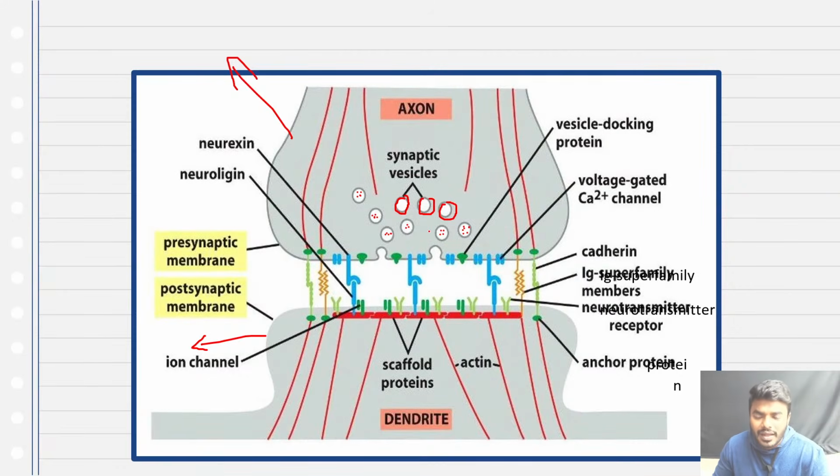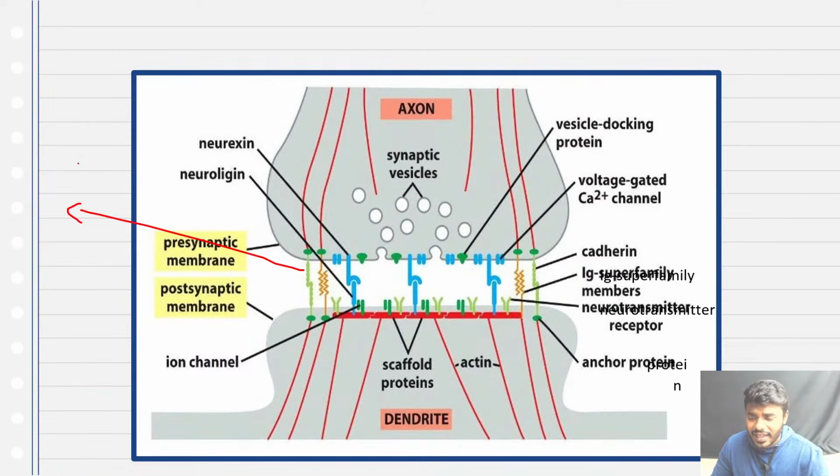Now you people listen to me carefully. First of all, if the ionic movement wants to occur between the two neurons, there should be a contact established between the pre and post. How? Please keep it in your mind. With the help of cadherin molecules and with the help of Ig superfamily molecules. These two are major.